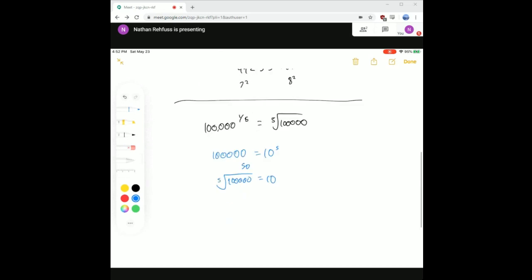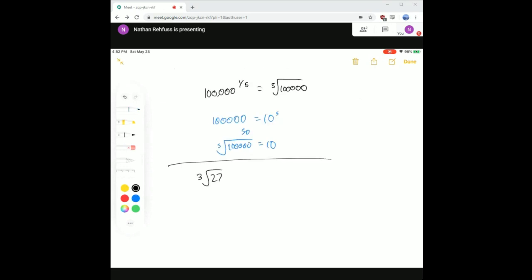If I asked you for, and this is a little special, the cube root of 27, that equals 3, and that's because 3 cubed, 3 times 3 times 3, is 27. Now this is special.